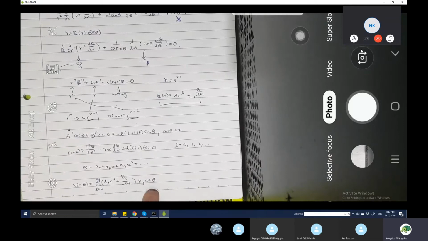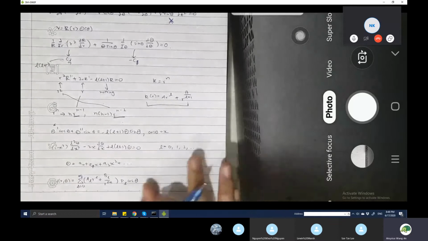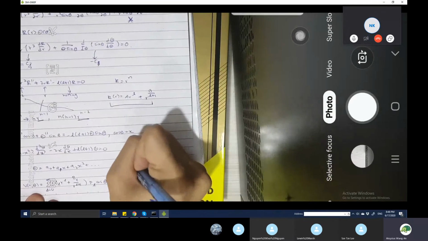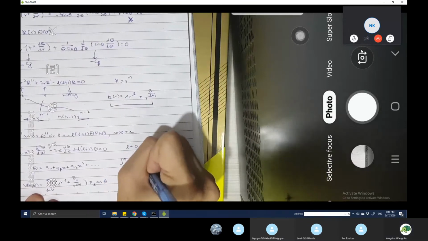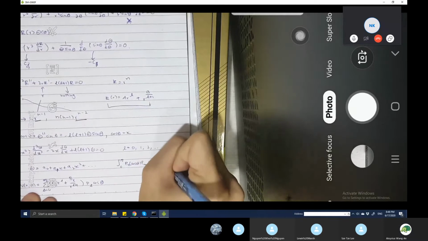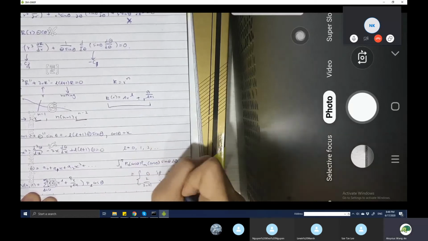Once again, the Legendre polynomials satisfy orthogonality, as in they are a set of orthogonal functions, in the sense that if I were to do this integration, you're either going to get 0 if n is not equal to m, or 2 over 2n plus 1 if n is equal to m.